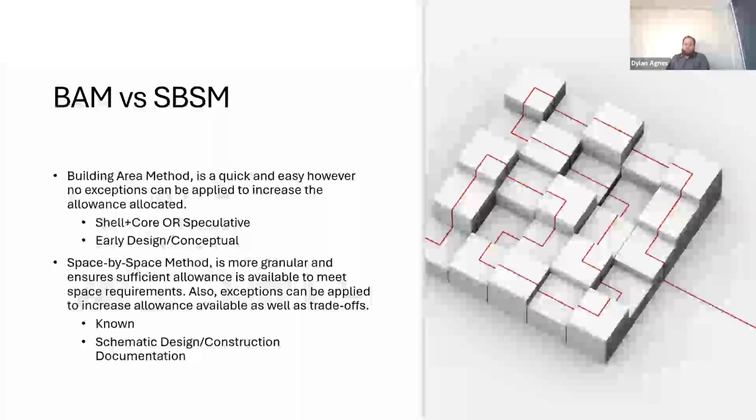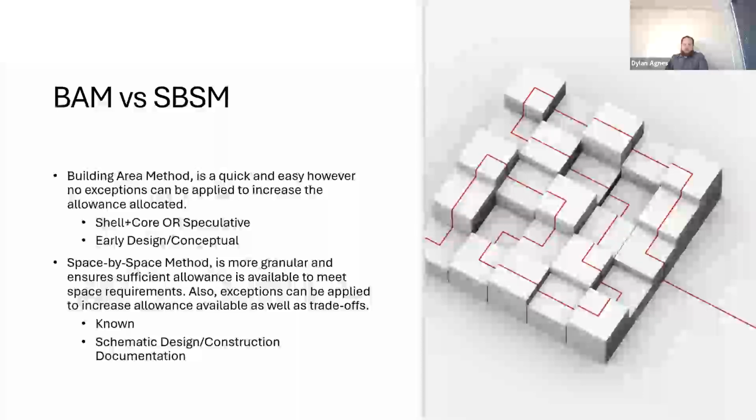So shell and core or speculative building is what I would recommend, or using it in an early design or conceptual phase where it's like, hey, this is the ballpark estimate of what we're allowed to spend, because it can be pretty close. Space by space is more granular, and it ensures sufficient allowance is available to meet space requirements, because it's on a space by space or case by case basis. Exceptions can be applied as well as trade-offs.